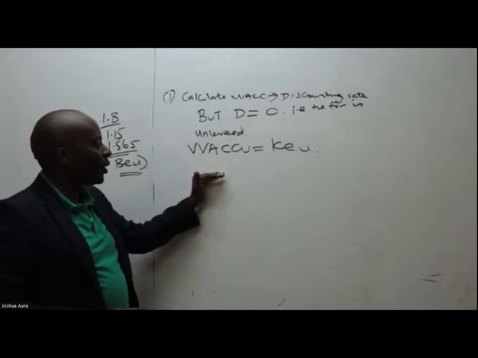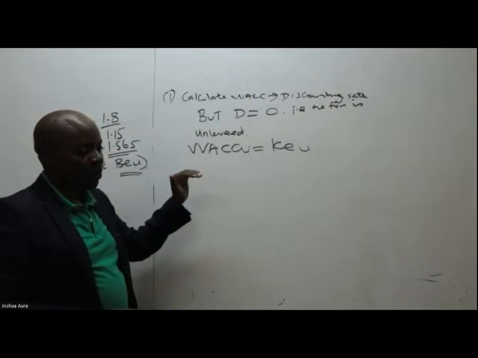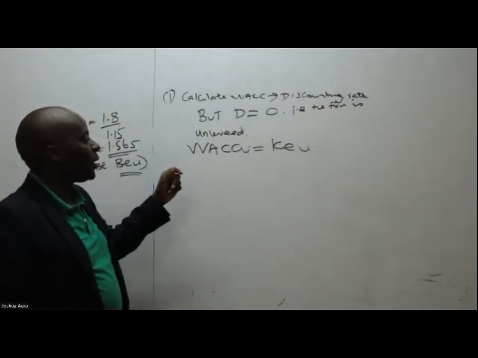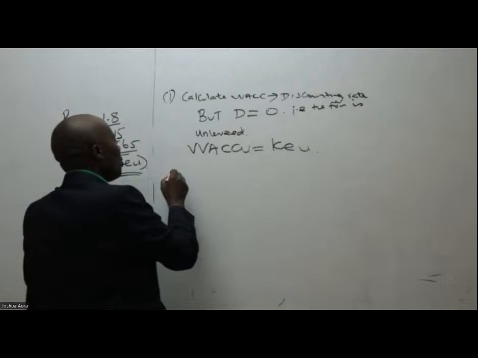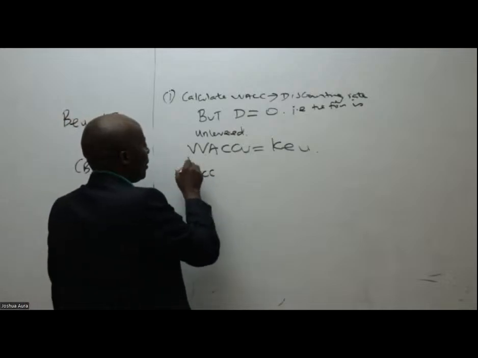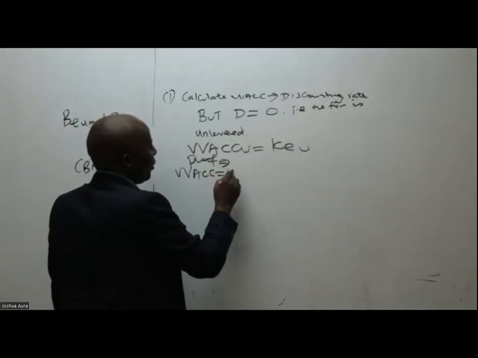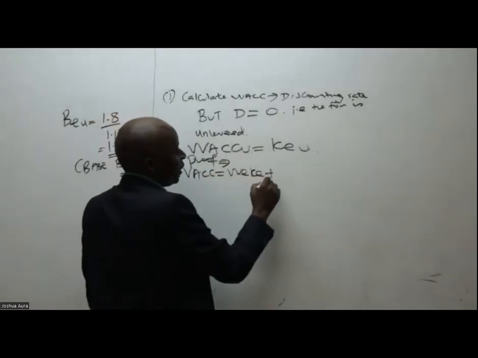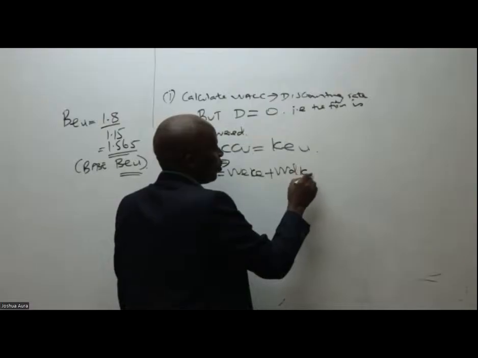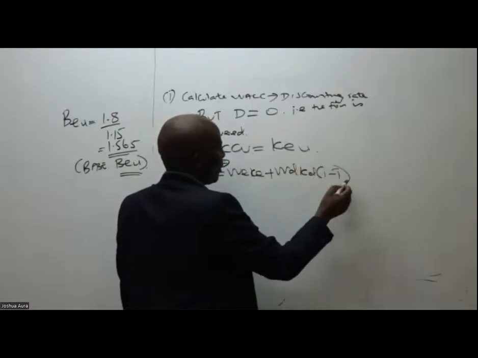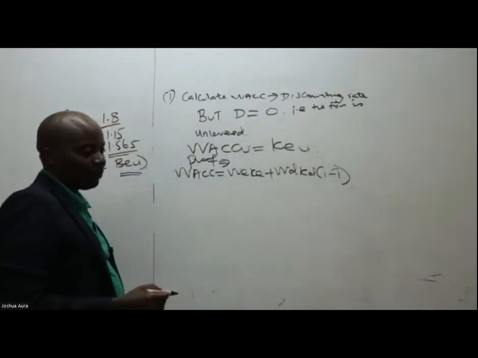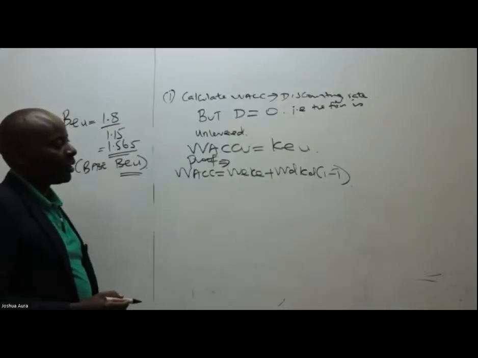No. It's WACC_U equals Ke_U. And we can prove this. To get WACC, we take weight of equity times cost of equity, plus weight of debt times cost of debt, times 1 minus tax.